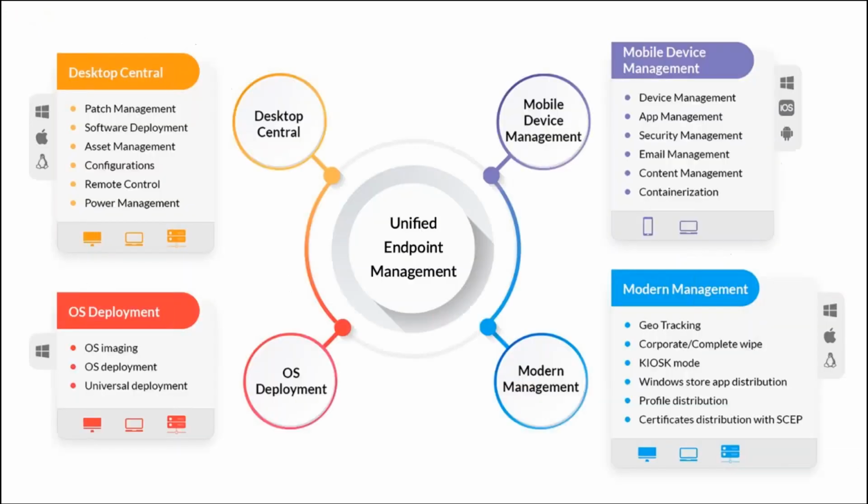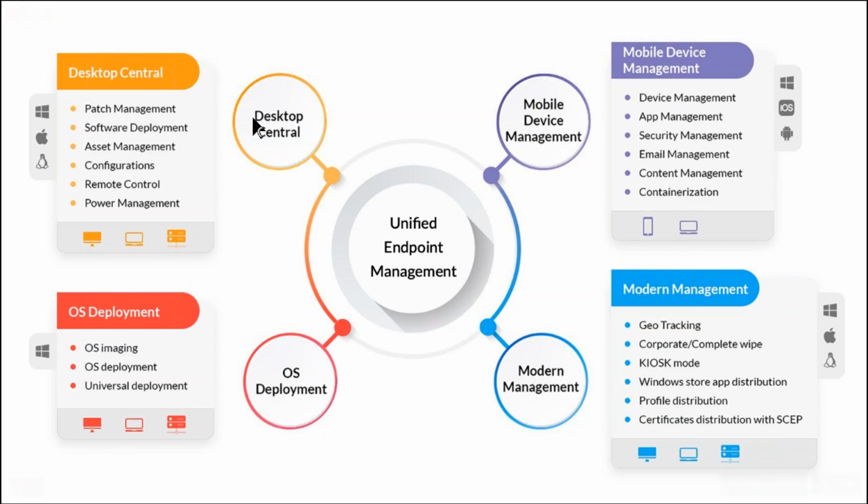It has 4 modules, and they are Desktop Central, OS deployment, mobile device management, and modern management. Modern management is an added functionality in the UEM edition where you can perform geo tracking, complete corporate-wide profile distribution, and app distribution to the supported operating systems.